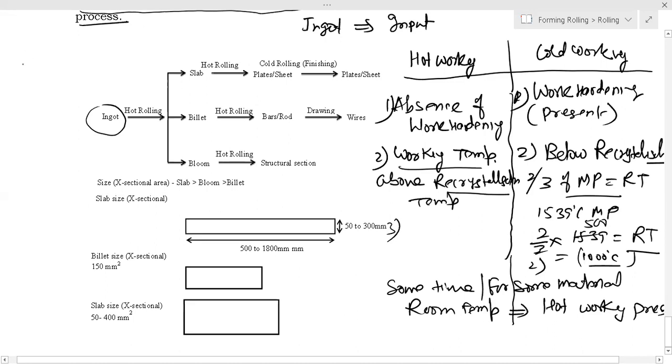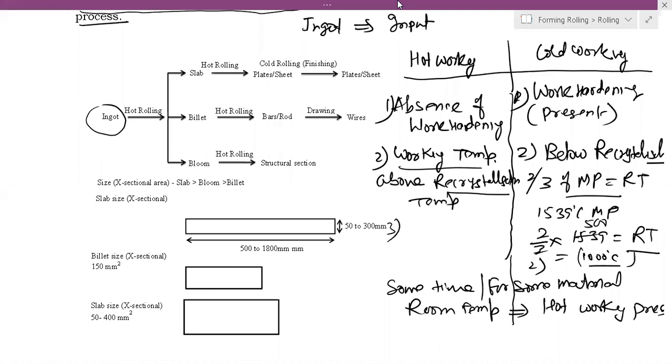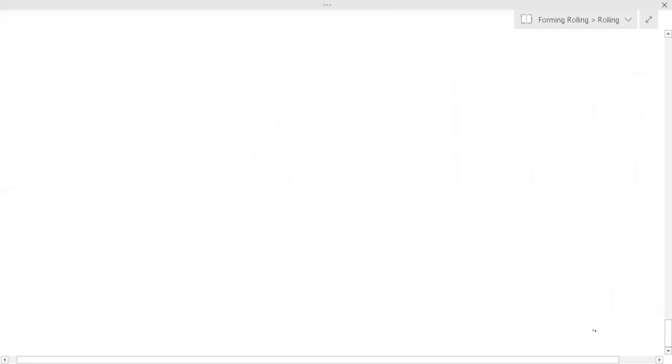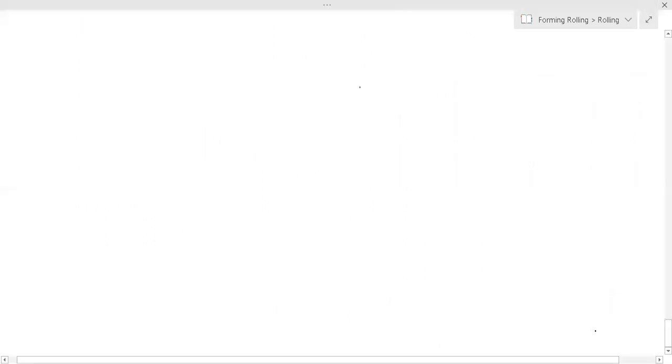Please, so iron carbon equilibrium diagram, if anybody remembers this, what is happening? I'm going to delete this. I'm going to erase this. If you want to write, please write. So iron carbon equilibrium diagram.